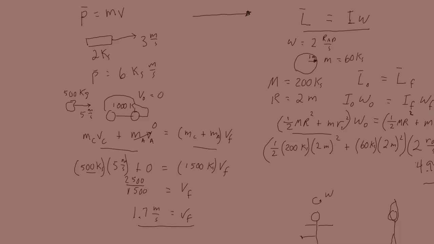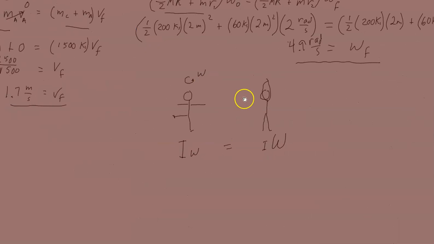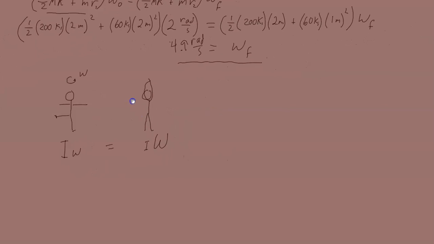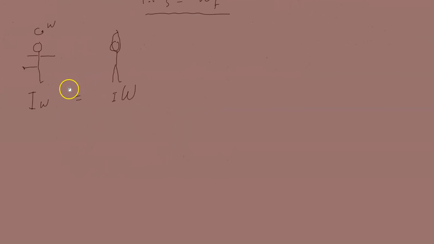With this new idea, angular momentum is conserved as long as there are no outside torques. Torques could be caused by, in this case, friction. As long as there are no outside torques, the angular momentum will always be conserved.